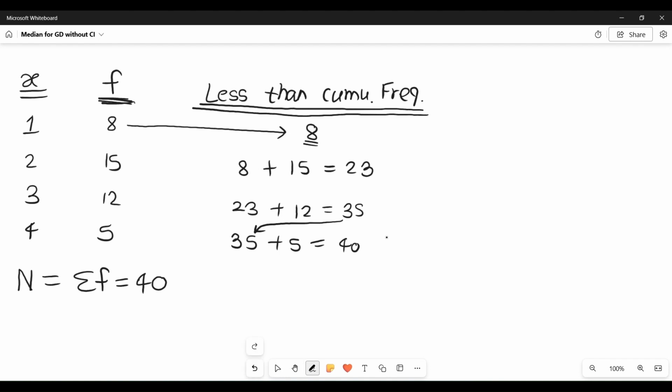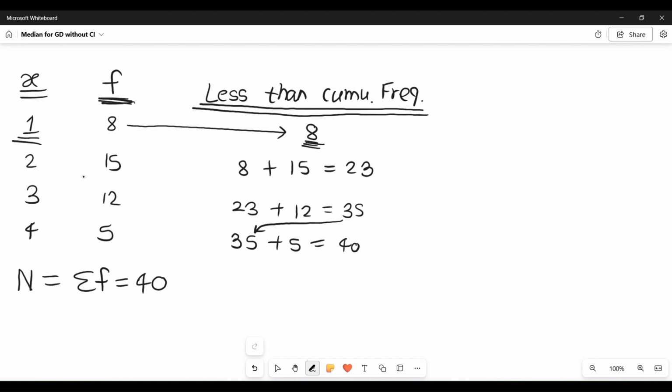This less than cumulative frequency value tells us how many data points lie below a given particular value. For example, less than cumulative frequency of 1 is 8. That means there are total 8 data points which are less than or equal to 1.